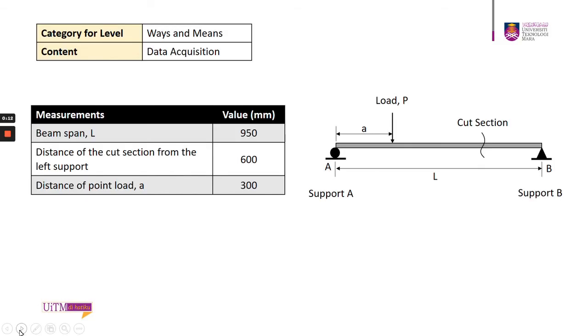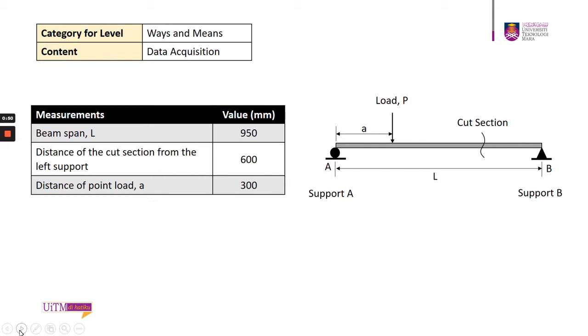In this experiment, it is a level 2 open-ended laboratory. Therefore, you have to find and obtain your own result for this experiment. Here is some of the information given based on this experiment, which is the specimen or the experimental setup.